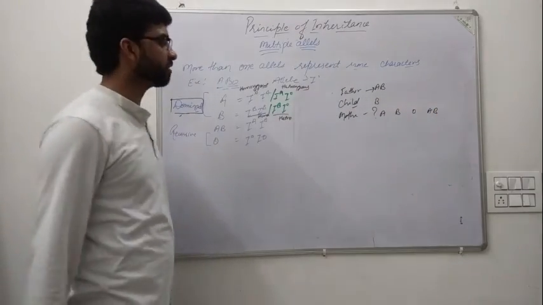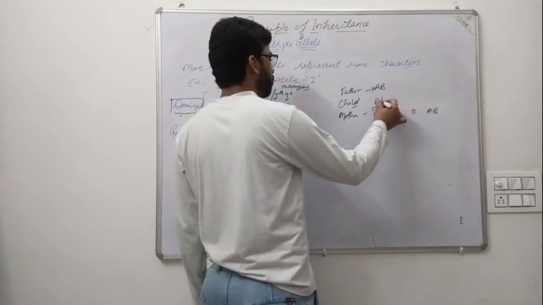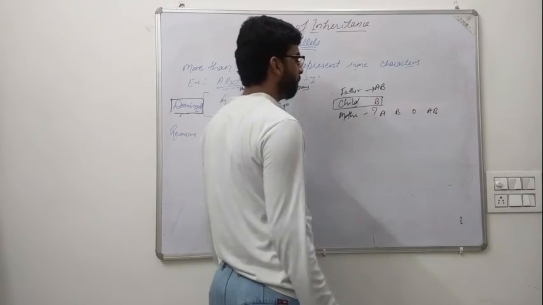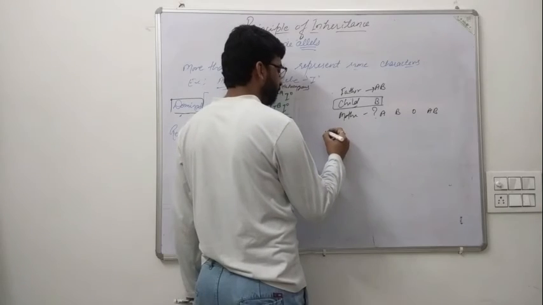We don't know the genotype, but we know the result of crossing father and mother: the child has blood group B. So just analyze it.